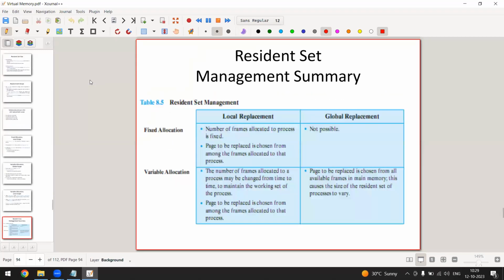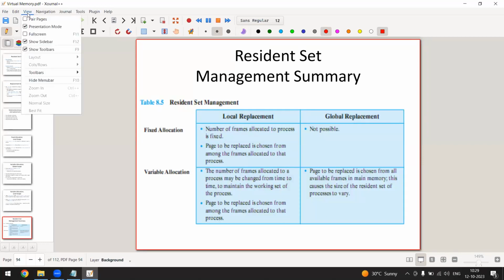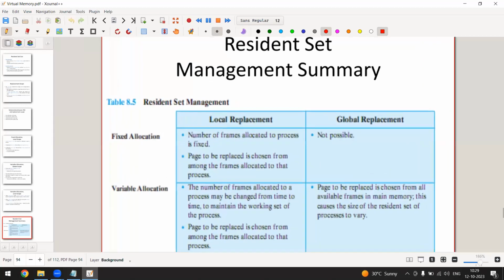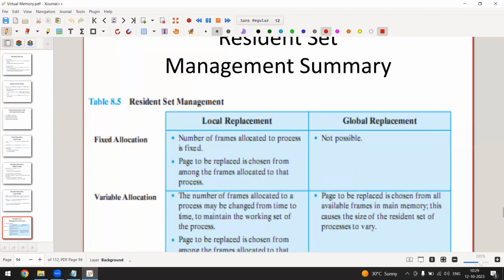So let's see the summary. First is fixed allocation, local replacement. It means the number of pages allocated to a process is fixed, but the replacement scope is local.